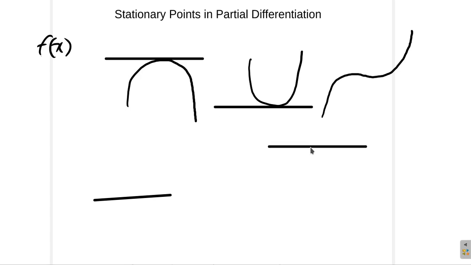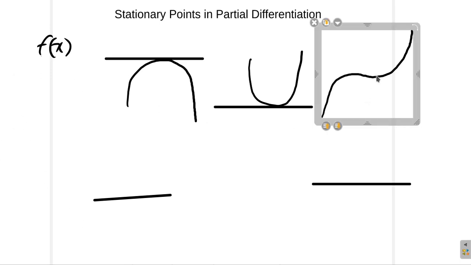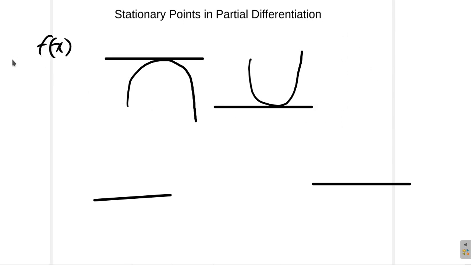Or a point of inflection where the curve does not turn. It goes towards negative, but it doesn't go into the negative direction. The curve gradients go from positive to 0, then back to positive. Or they may go from, say, negative to 0, then back towards negative.